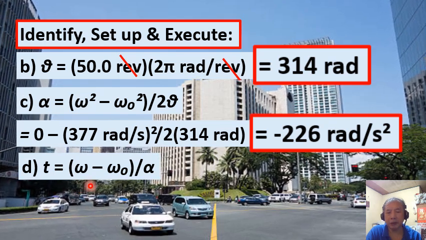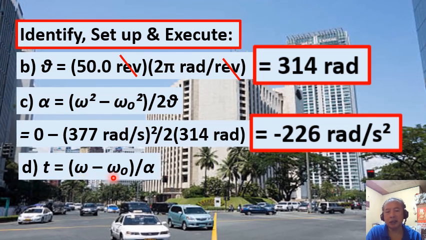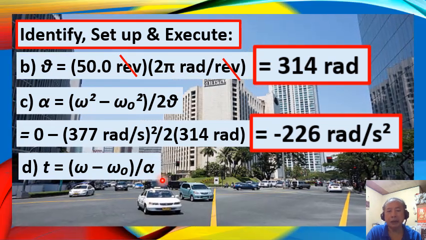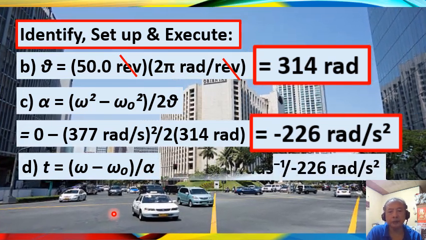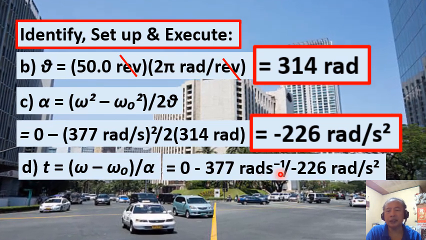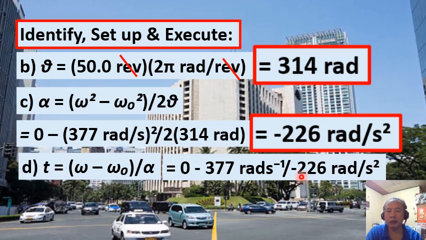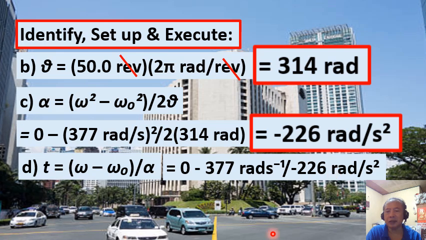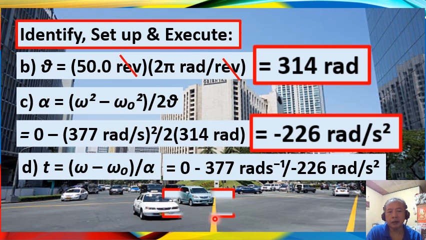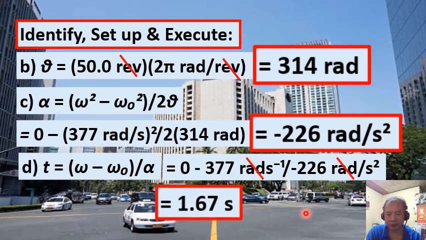The formula is simply the final angular speed omega minus the initial angular speed omega naught, divided by the angular acceleration alpha. Substituting, we have the time t equals 0 minus 377 radian per second divided by the computed angular acceleration of negative 226 radian per second squared. That is, the time t is equal to 1.67 seconds.